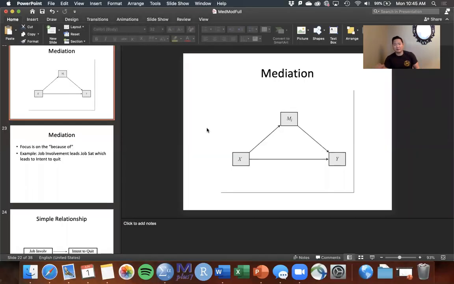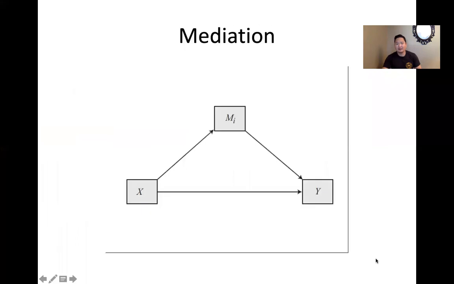And remember, mediation has this "because of" idea. X leads to Y because of your mediator. In other words, the relationship between X and Y really doesn't exist without the mediator being there. So yeah, you could see that relationship without measuring the mediator, but in actuality, that's what's going on.